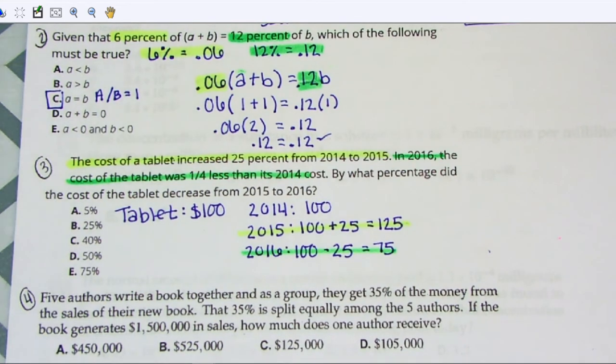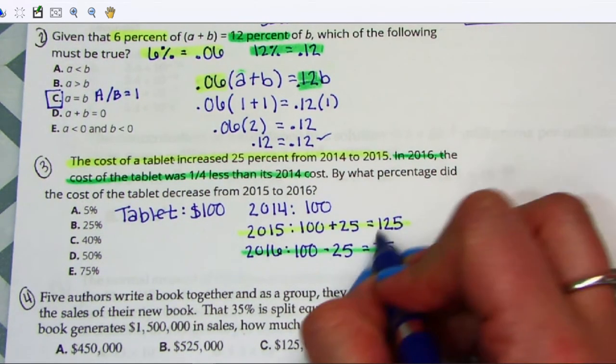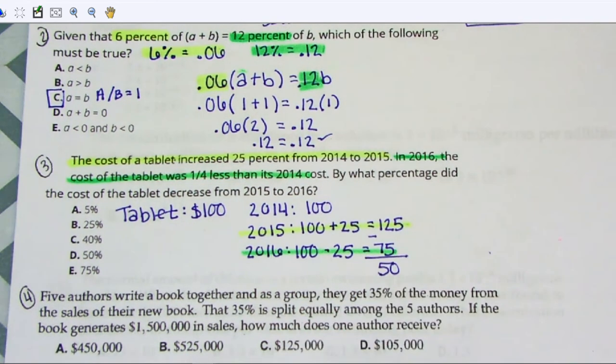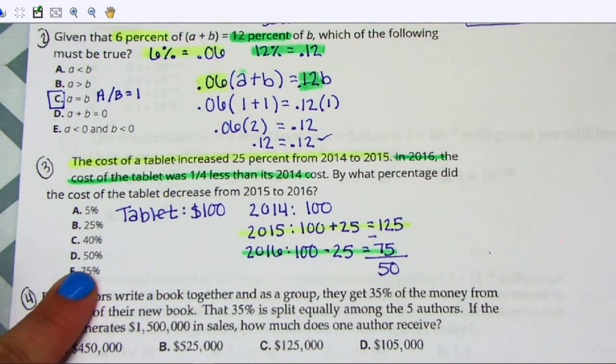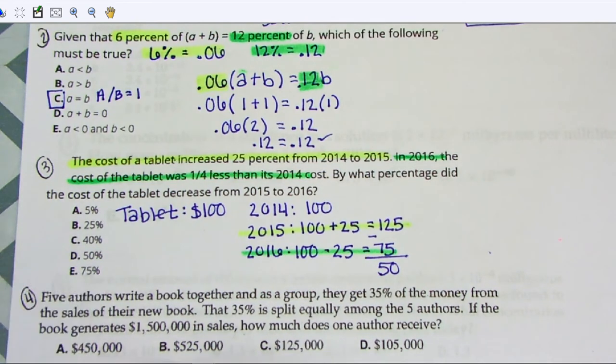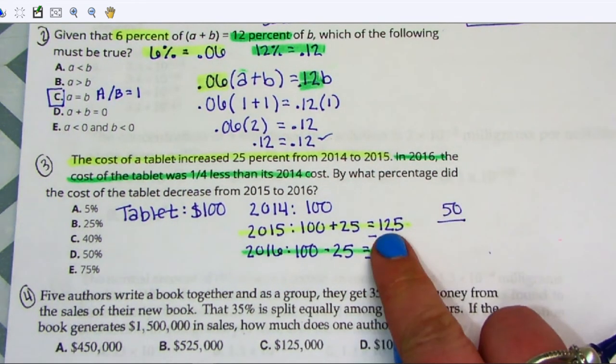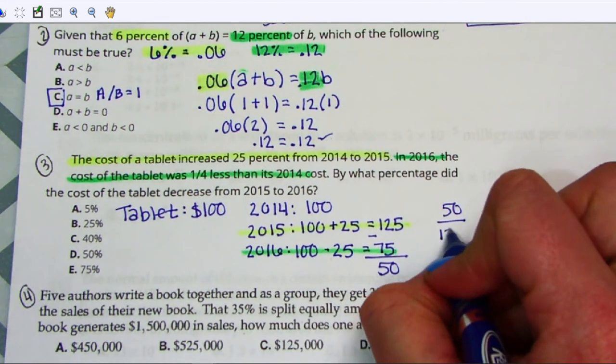So in 2016, the cost of the tablet went down, and you're trying to figure out the percentage. From here, the difference between 125 and 75 is $50. We know that this tablet went down $50, but it did not go down 50%. Half of 125 is not 75. So what you do is you take the difference and put it over the bigger number, which was 125.